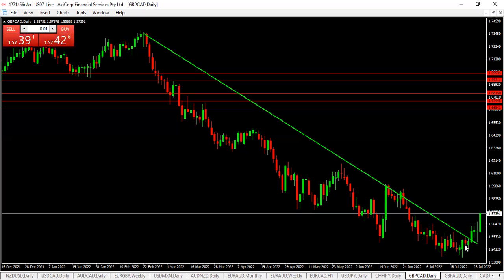You got the break of the trend line where the engulfing candle broke the trend line. And then you had the retest where it actually bounced off of the trend line, even though it shows indecision. But as you can see, the buyers have dominated this market. This is a buyer's market at this time.